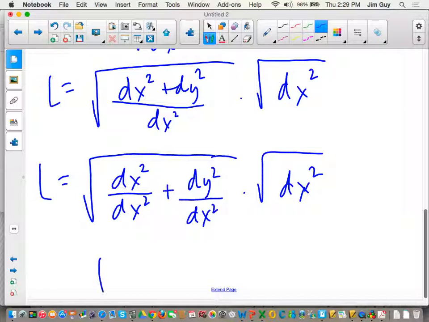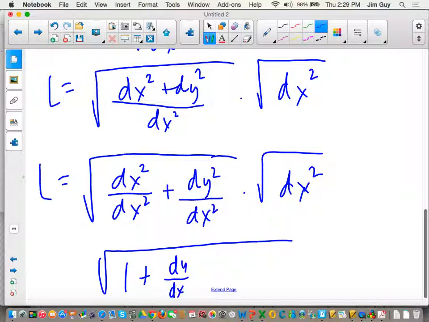This is obviously 1. This is just, I can put this as dy over dx, that quantity squared, because they're both squared. And the square root of dx squared would just be dx.